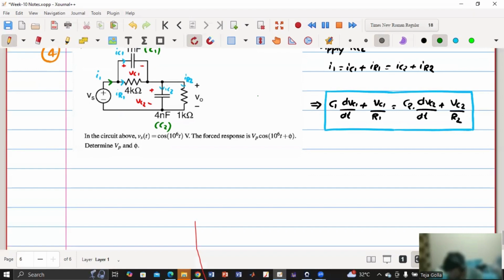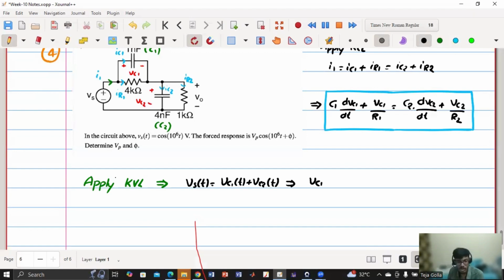Okay. So now I can also write Vs of t. Basically we are applying KVL. Please let me know if you have any queries. If you apply KVL, then I get Vs of t is equal to Vc1 of t plus Vc2 of t. Now I need V naught, which is equal to Vc2, right? So I have to convert everything in terms of Vc2.